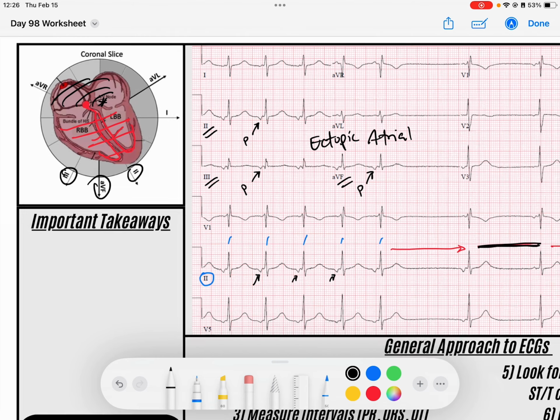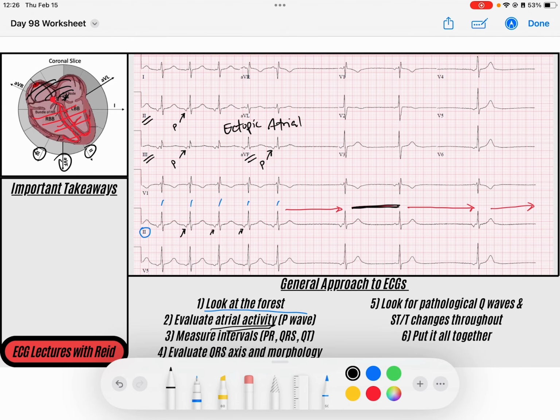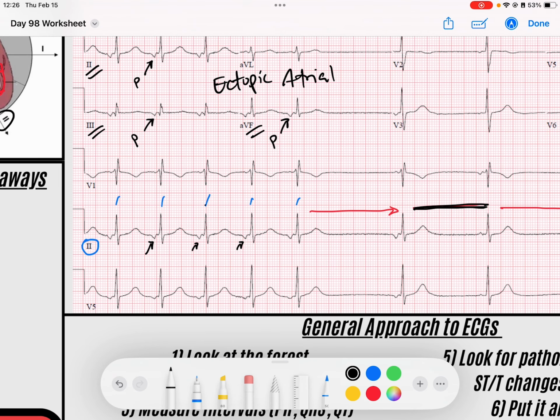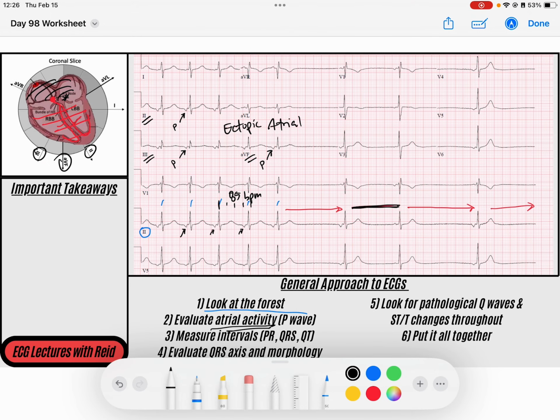So we've got an ectopic atrial rhythm occurring in this first section of the ECG. It's occurring at a rate of 300, 150, 100, 75, so anywhere between 75 and 100. So I'm going to call this maybe 85 beats per minute. So it's not an ectopic atrial tachycardia, it's ectopic atrial rhythm.